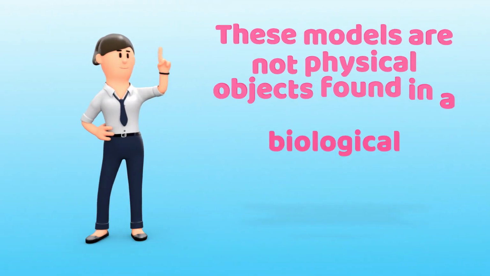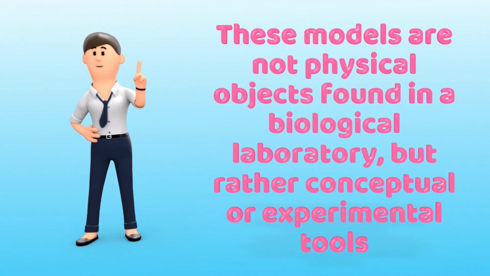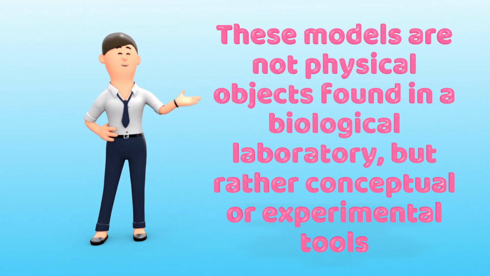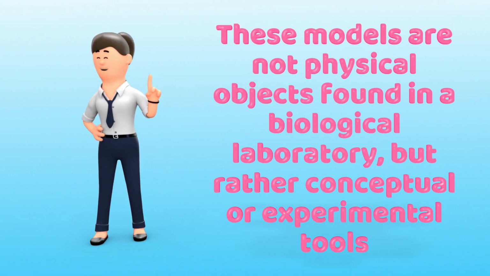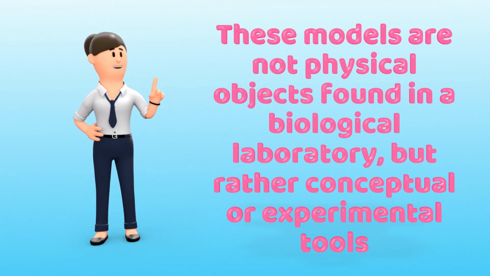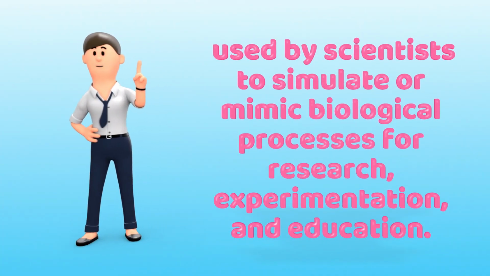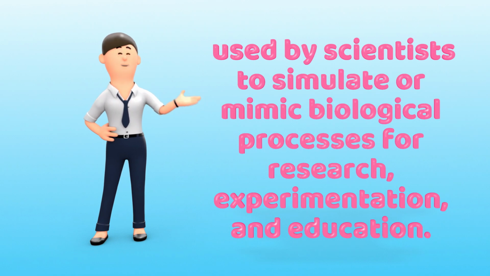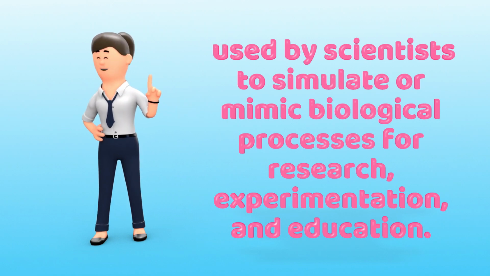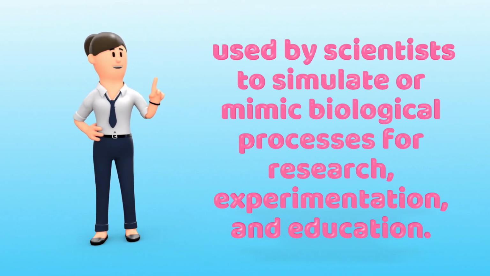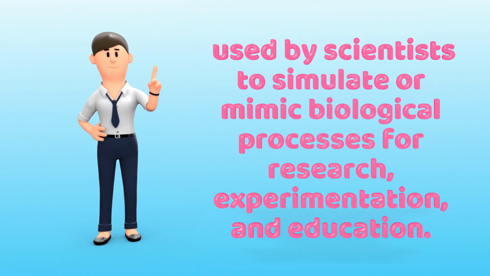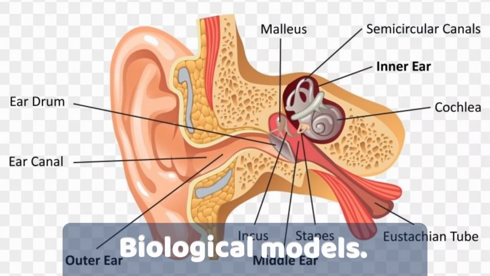These models are not physical objects found in a biological laboratory, but rather conceptual or experimental tools used by scientists to simulate or mimic biological processes for research, experimentation, and education. As we see here, we have a biological model, which is usually found in the laboratory, and this is the structure of the human ear.